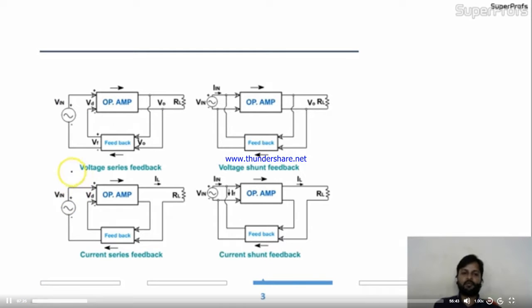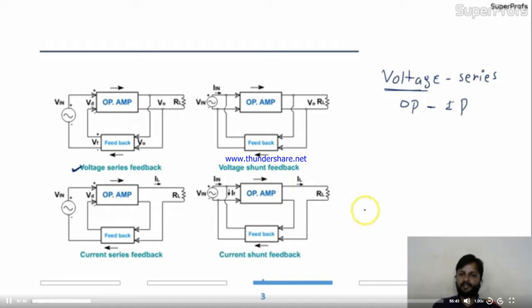First we have seen the voltage series feedback. Please focus over here. You have voltage series. This belongs to output and this belongs to input. So input is series means at input level you have voltage control.